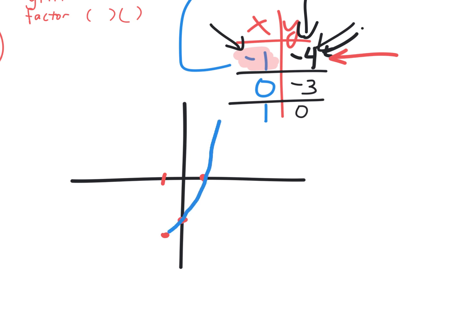Well, I know this is the lowest spot, so now I should probably do something to the left of that, like at -2. Would everybody please put in -2? Put -2 into the equation.